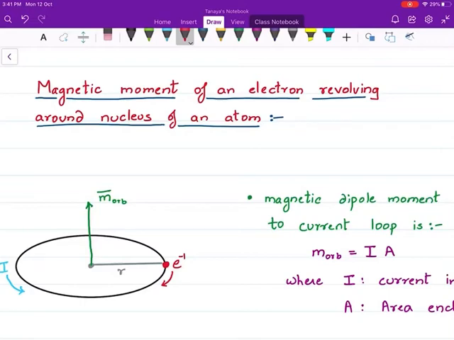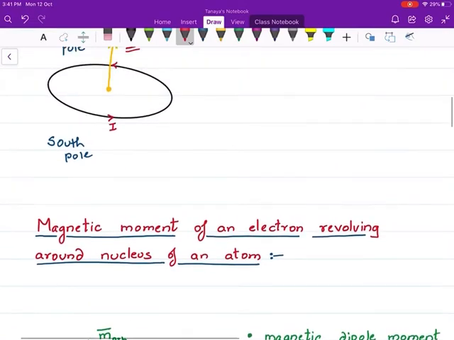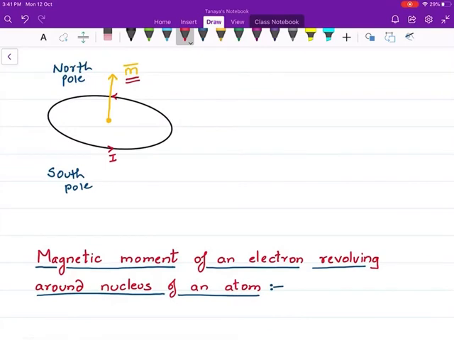Now you know that a bar magnet, if you take, obviously it is magnetic material, but what is causing the magnetism? Why is it a magnetic material? Why are few materials magnetic and why are few materials not magnetic? Okay, and what is the reason for the magnetism?